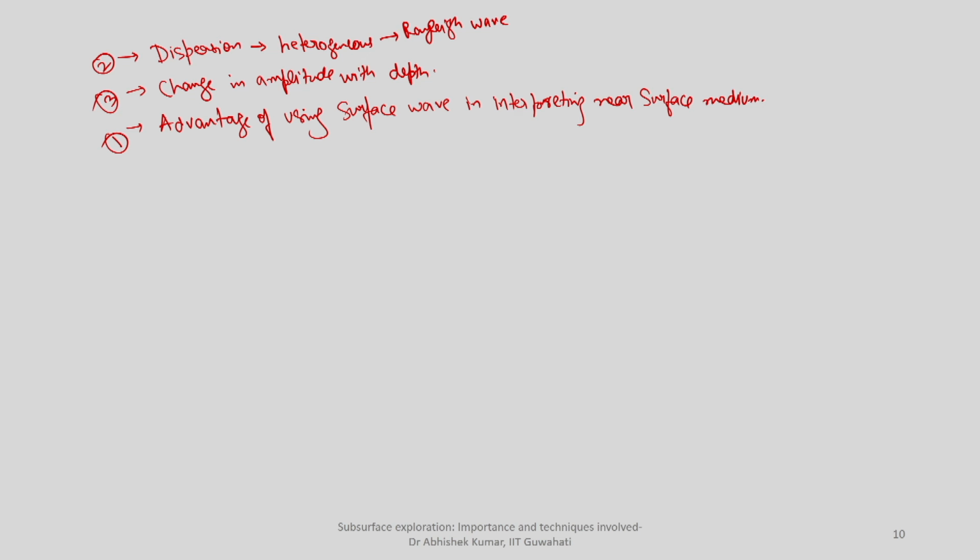Now, two methods precisely, the objective of introducing this topic to this course: more commonly in forensic investigation, in microzonation studies, even in quality control, when I discuss the advantages, the surface wave based geophysical methods are becoming more and more common.